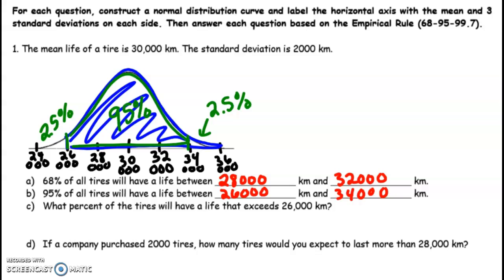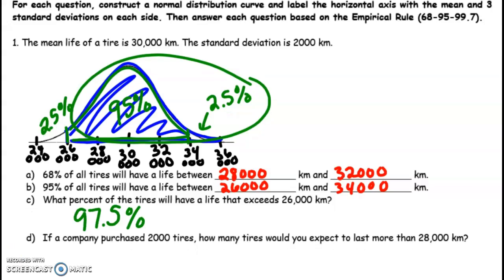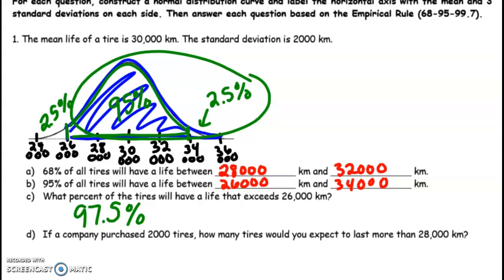Either way you look at it, I can add these areas now. 95% plus 2.5% gives me this whole blue area, which is going to be 97.5%.